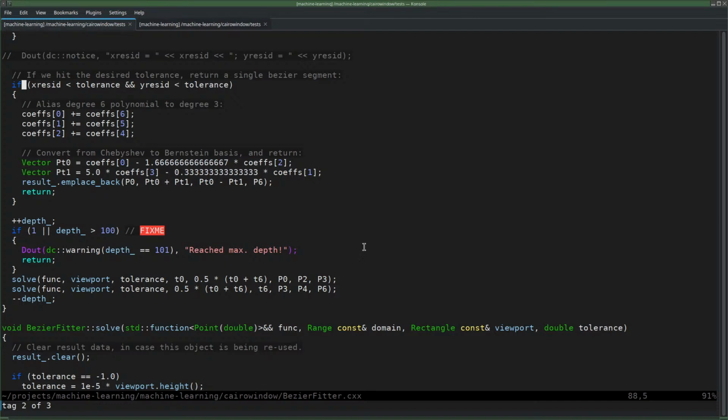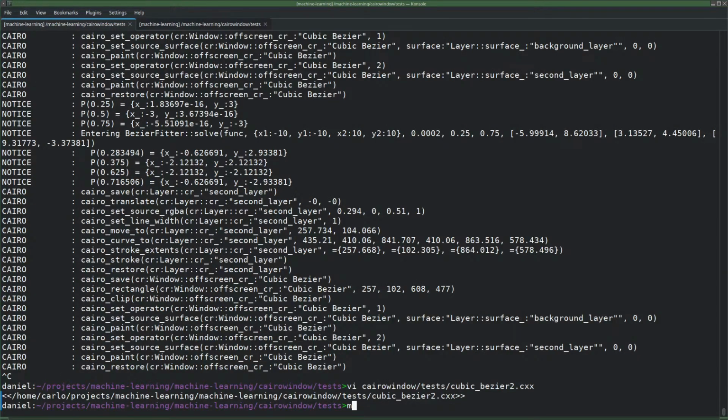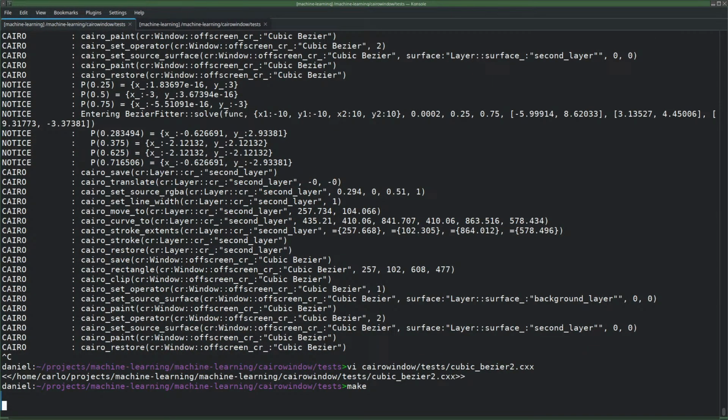So I can put my 1 here, but I really should have to put the 1 here. Just never mind the tolerance, just return. This is wrong. Should never have gotten here in the first place. So I'm gonna do 1 here, as if we always hit the correct tolerance.